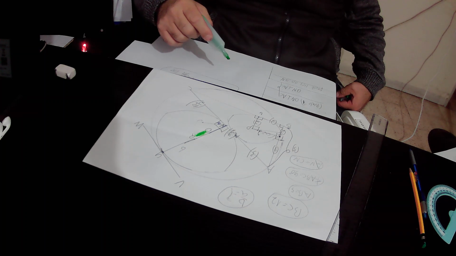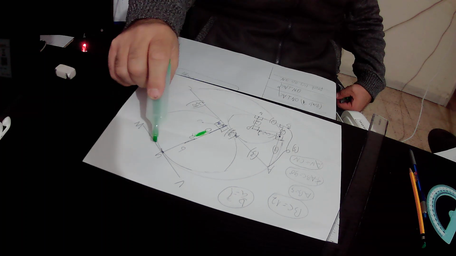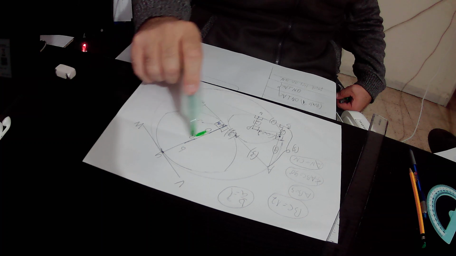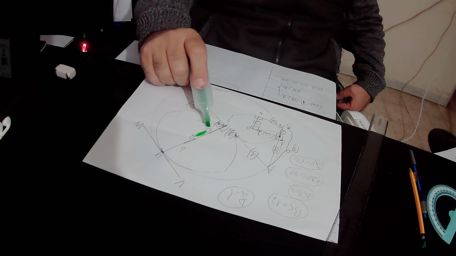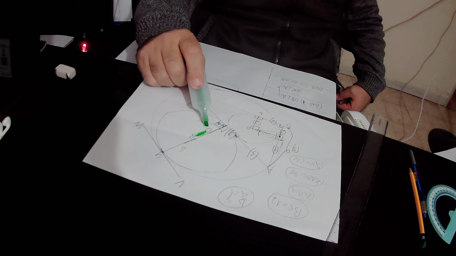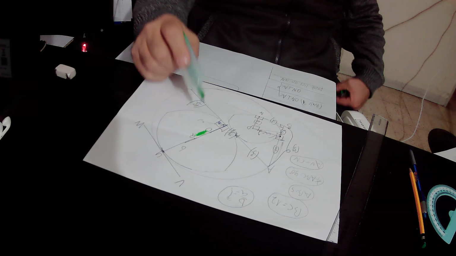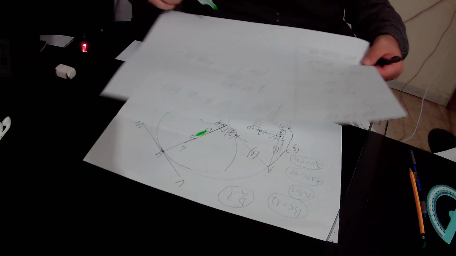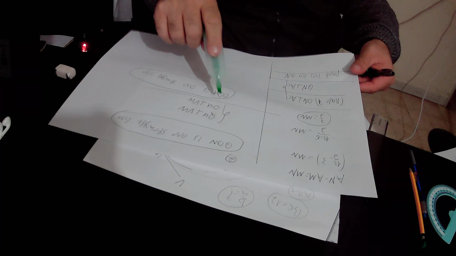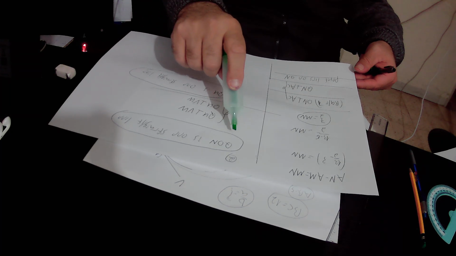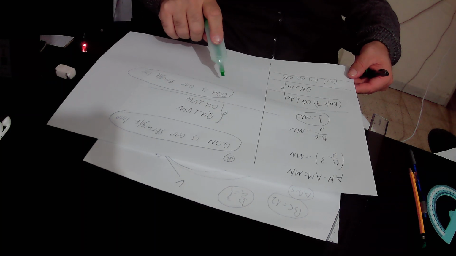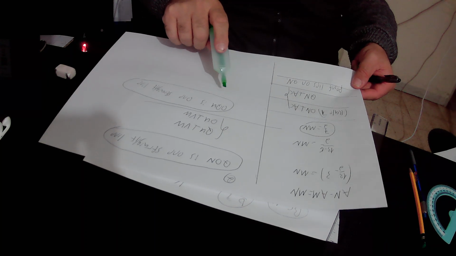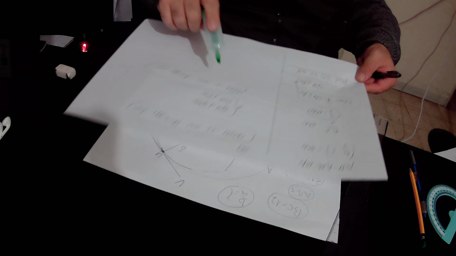And we just found out that OQU is also one straight line. So the straight line OQ is common to both: it belongs to the straight line QON, and it also belongs to the straight line OQU.